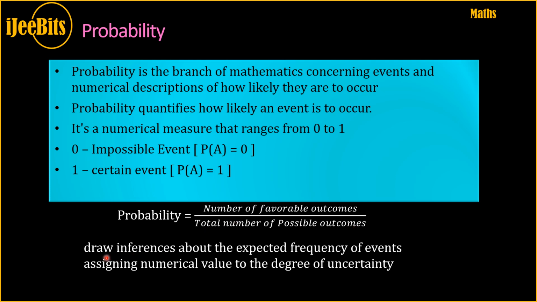Remember, probability draws inferences about the expected frequency of events. You are inferring from the experiments and giving a value to a degree of uncertainty, which is nothing but probability: assigning a numerical value to a degree of uncertainty.